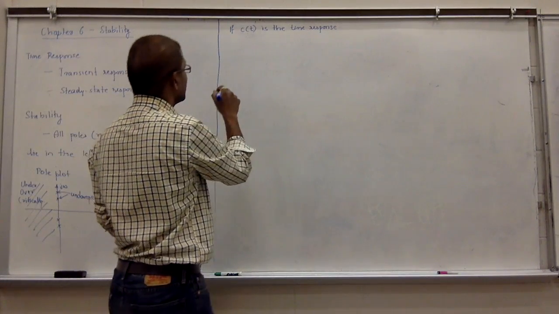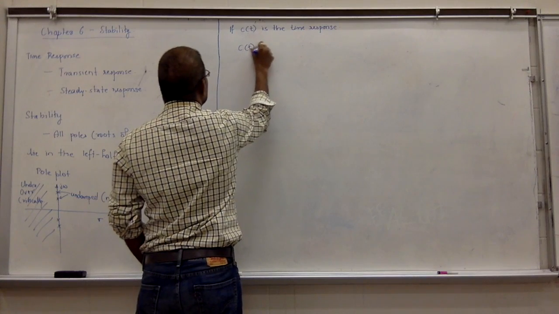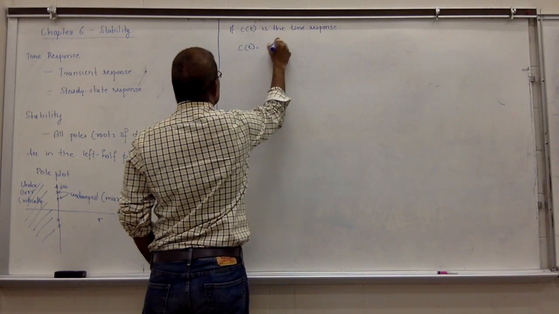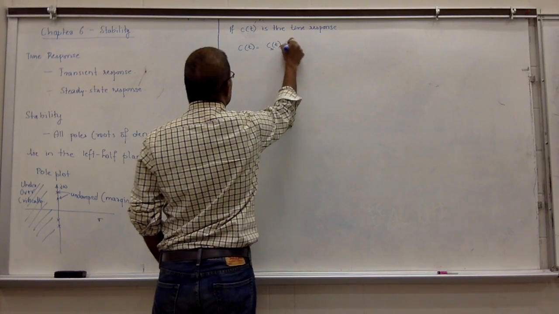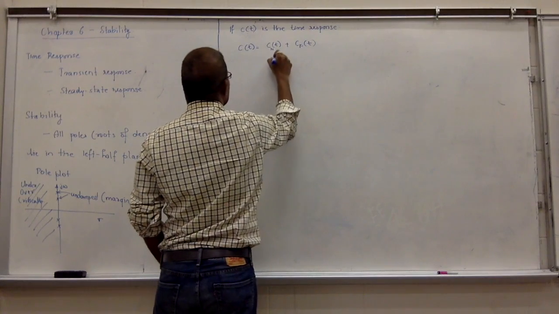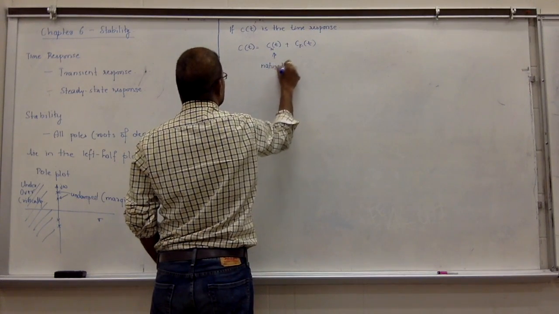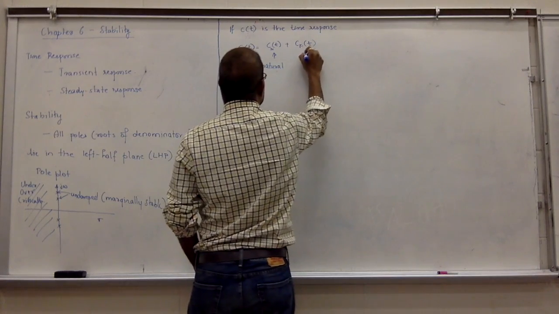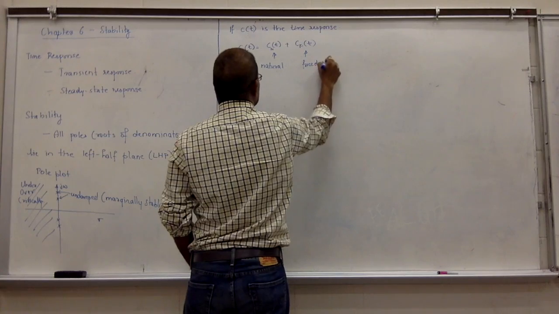If c(t) is a time response, generally what we saw was c(t) is equal to c_n(t) plus c_f(t). One, this is the natural response, and this is the forced response. Okay.